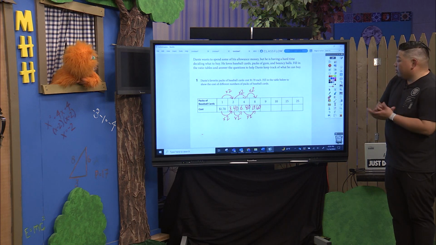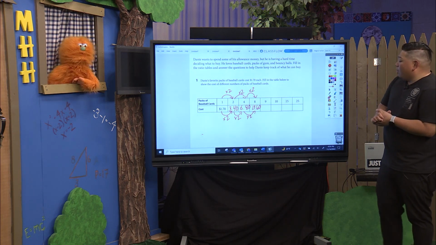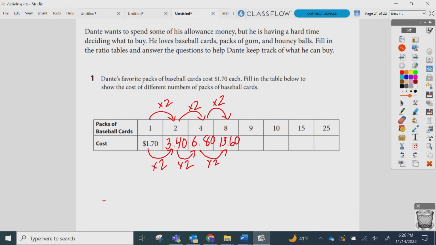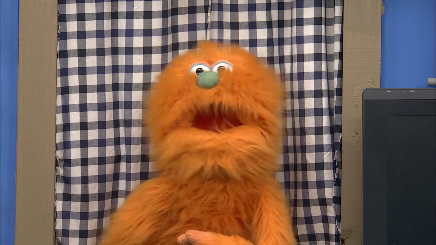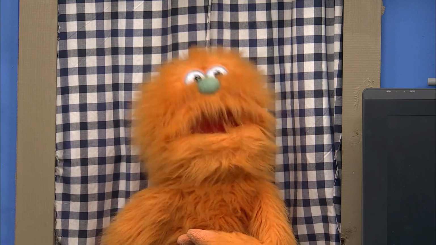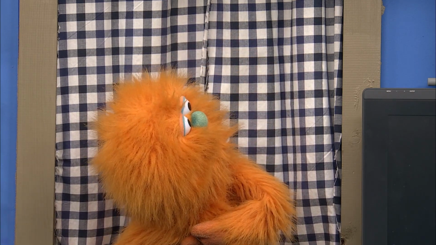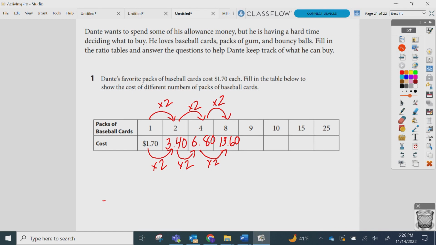All right, so $13.60. And now if we want to get 9 packs, oh boy. Well, I was just looking at that before you mentioned it, and I was like, uh-oh, there's 9. That looks tricky. But it's only 1 more than 8. Bingo. So in this case we're not doubling it. No. We're just going to add 1 more group of $1.70.